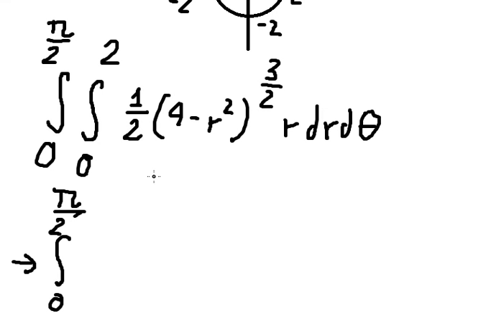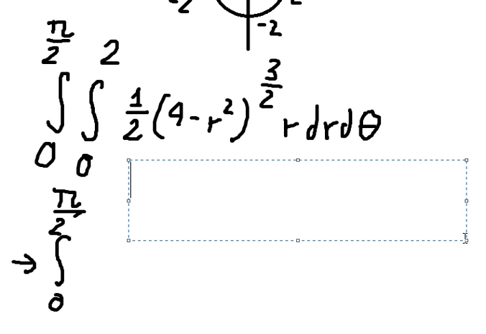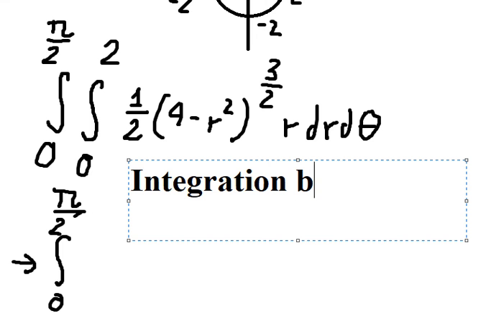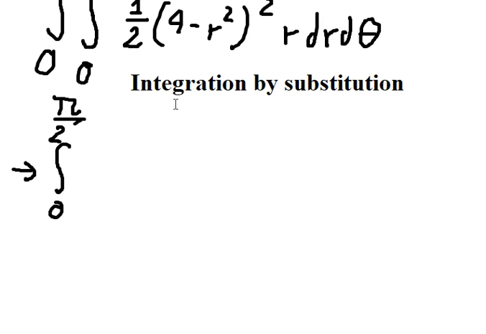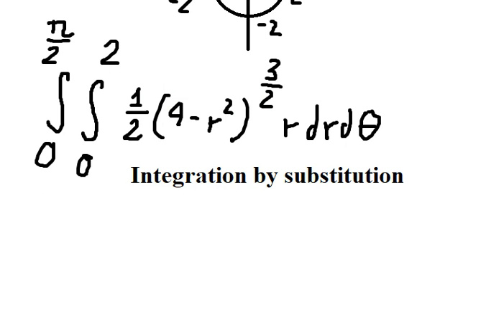So in this situation, we can use integration by substitution. I will put u equal to 4 minus r squared.